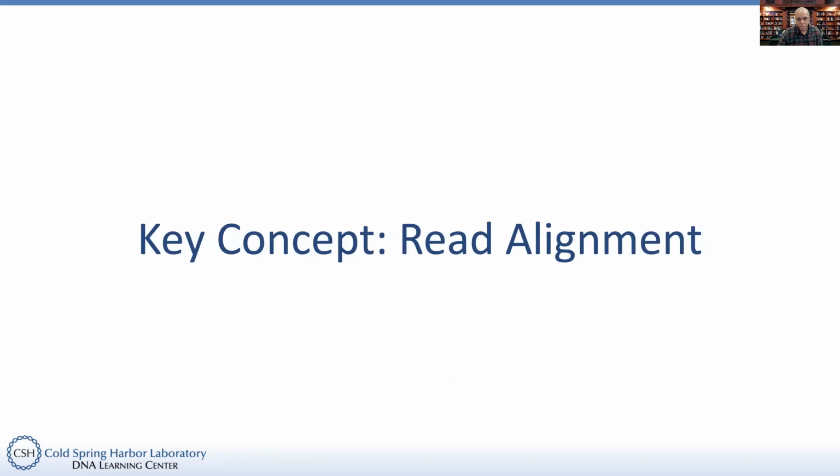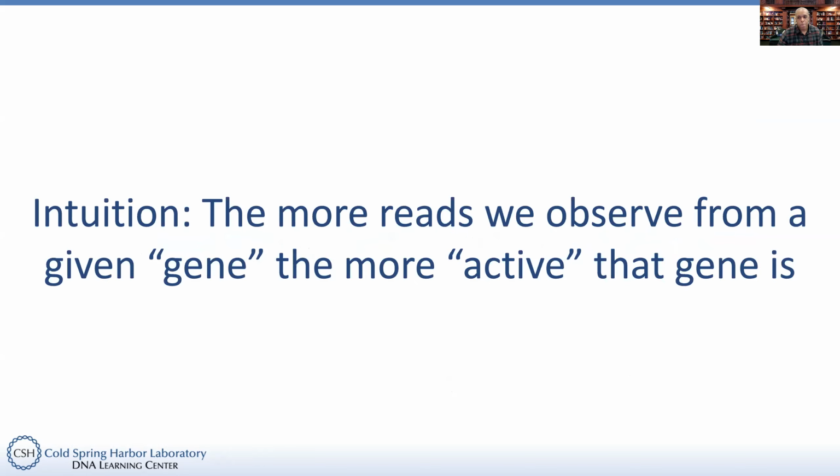Another key concept, which is going to be a key concept again, is the idea of alignment. What I'm going to explain in the next slide is that we are mapping these individual sequence reads. We get 100 base pair, 150 base pair, whatever the length is, reads of DNA sequence, and then we need to find out where in the genome those reads came from.